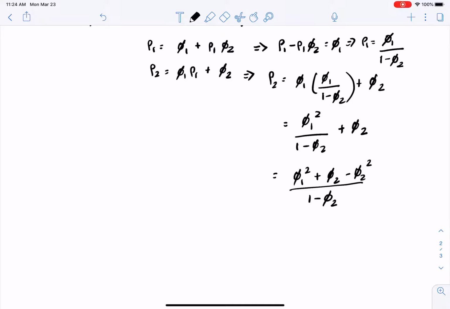All I did is find the common denominator and combine the two terms. Now I'm going to rewrite rho 1 and rho 2 in terms of alpha 1 and alpha 2.